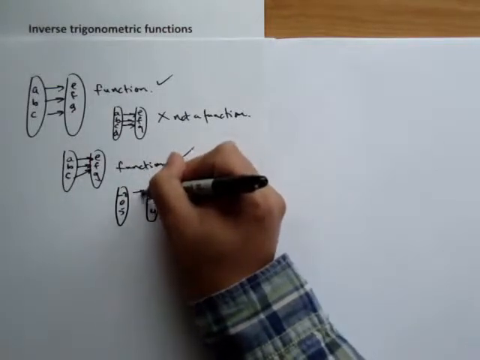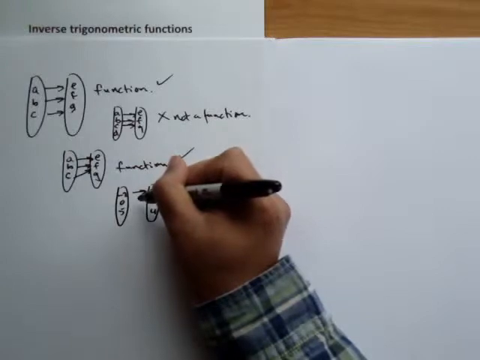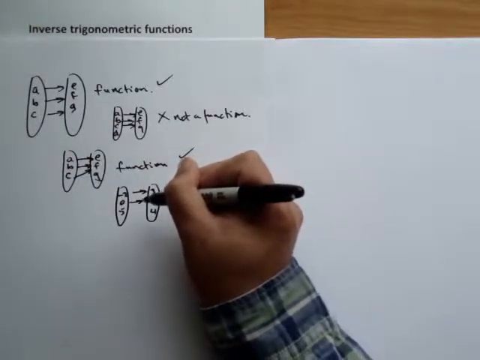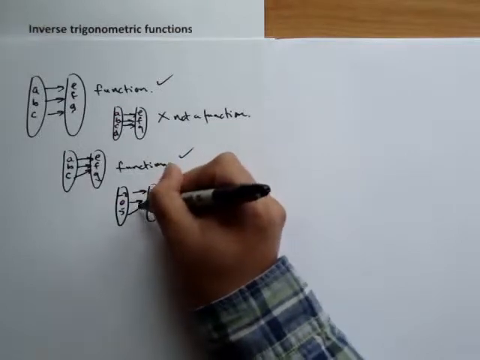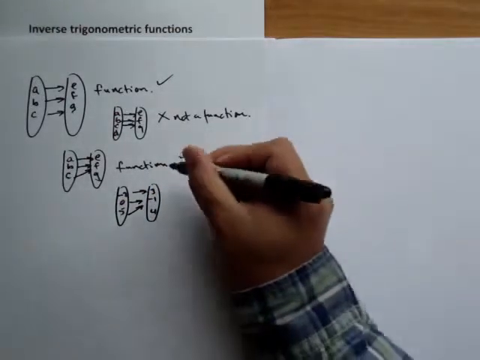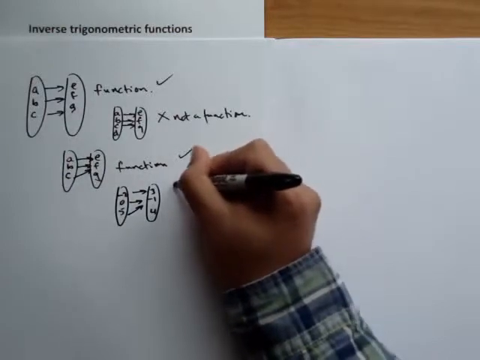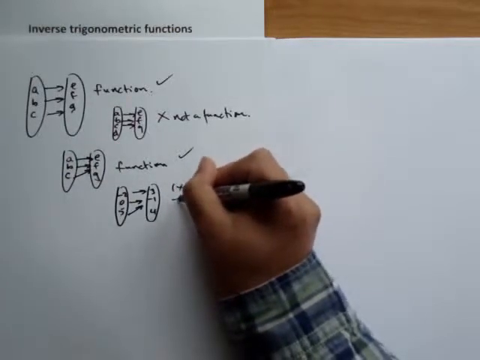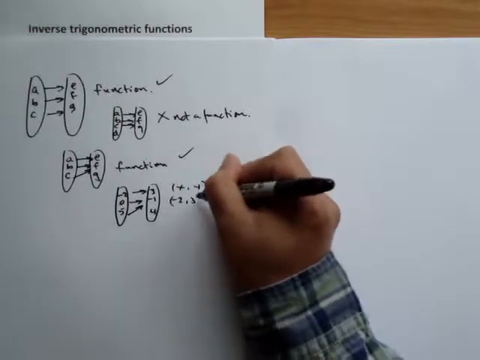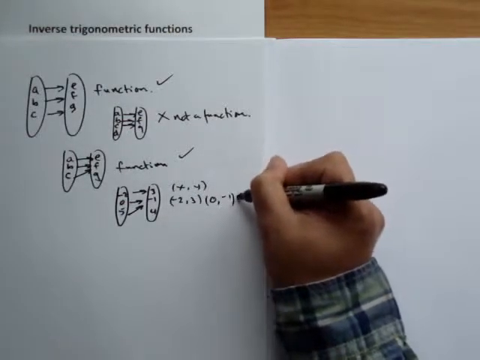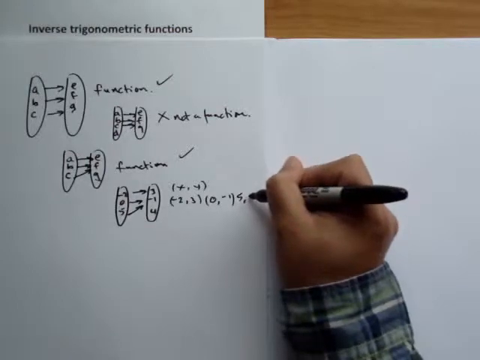So we had this mapping onto here, we had the 0 mapping onto the minus 1, we had the 5 mapping onto the minus 1. If we write this out as x and y, we have minus 2, 3, 0, minus 1, and 5, minus 1.